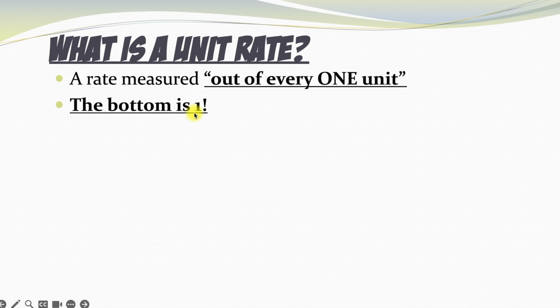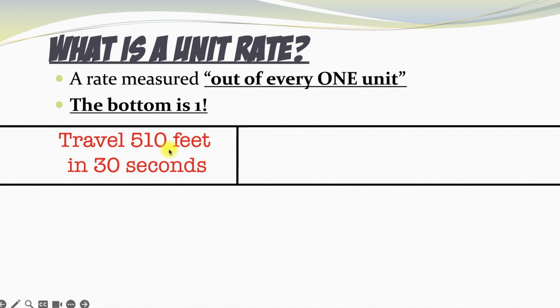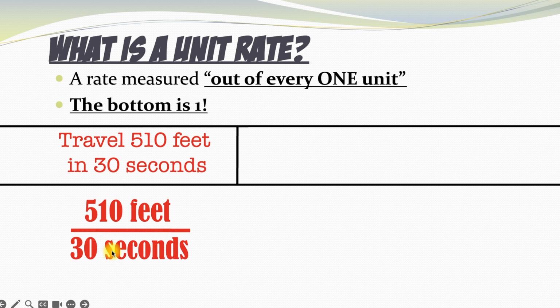So let's say that we have this example again. Well, remember that rate was 510 feet over 30 seconds. And it's a rate because we're talking about how many feet are traveled in every 30 seconds. But if we're asking for a unit rate, we want this bottom to be 1.